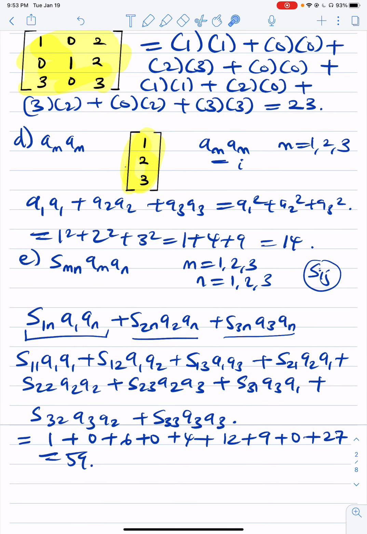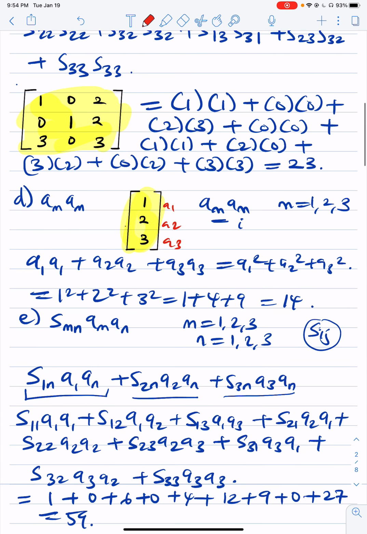But if you look at, for instance, let's take S33, right? S33 is 3, A3 is 3, A3 is 3, right? 3 times 3 times 3 will give you 27, which is this. So don't forget, let me just change the color to give A1, A2, and A3.